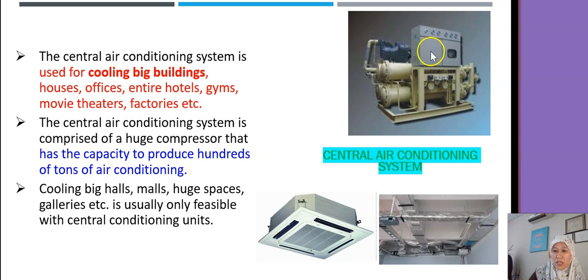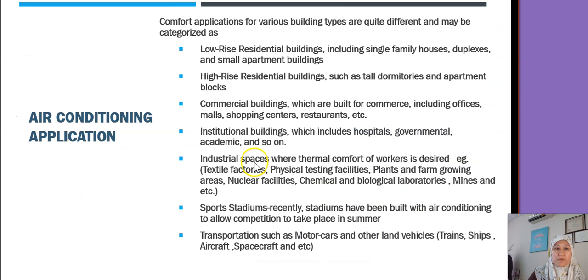So they have an AHU and all the ducting, all the units on the ceiling. This one is for big buildings, halls, hotels, movie theaters, factories. They are using the central air conditioning system.